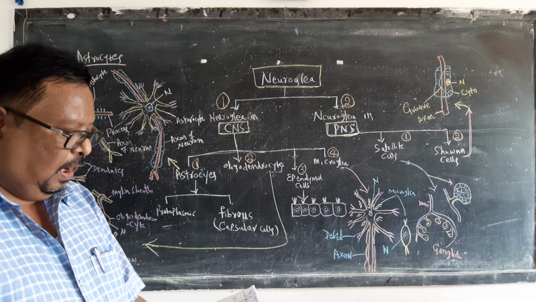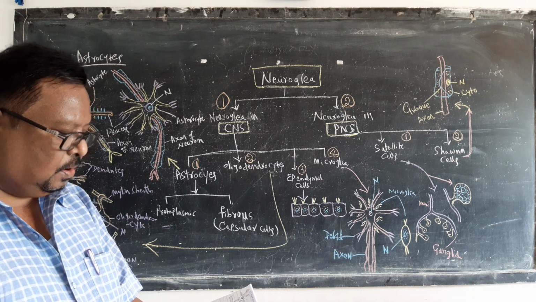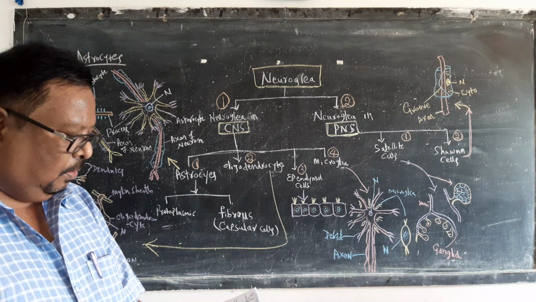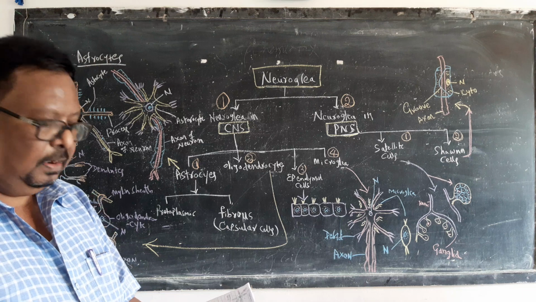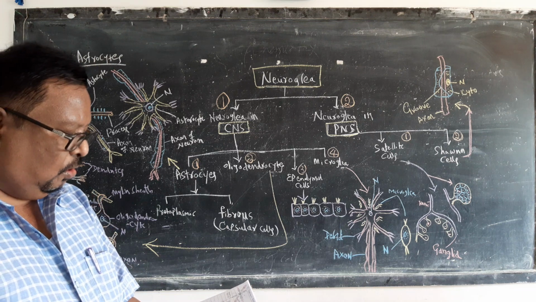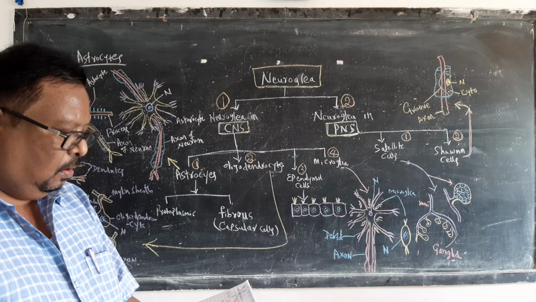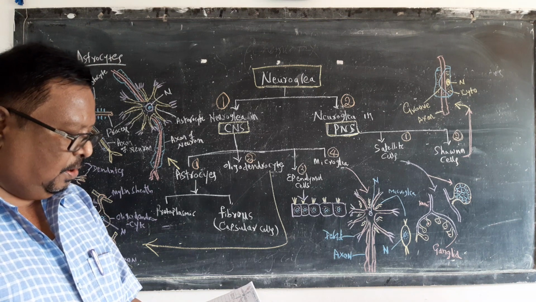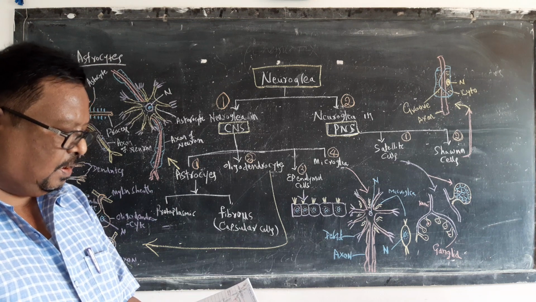The first one, astrocytes support and embrace the neurons and anchor them to their nutrient supply lines. They anchor the axons of the neurons for the nutrition and for the supply lines.